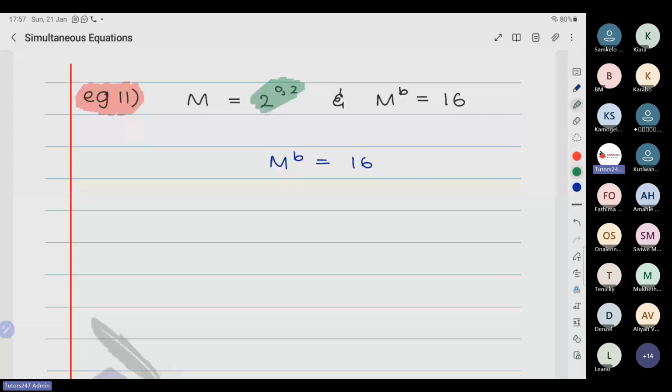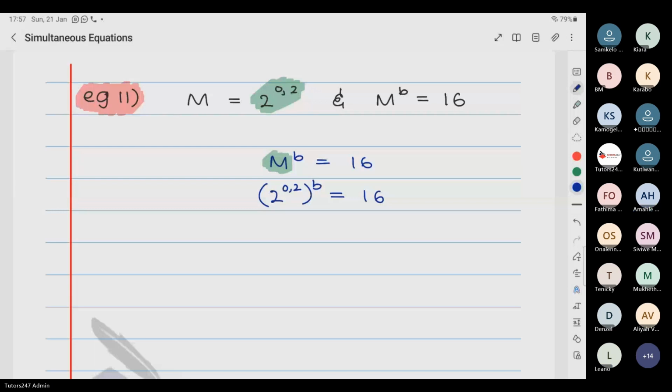So we now have 2 to the power 0.2, raised to the power of b, is equal to 16. Now there's an exponent law that you dealt with, whereby if you raise a power to another power, what are you supposed to do? Who can tell me?